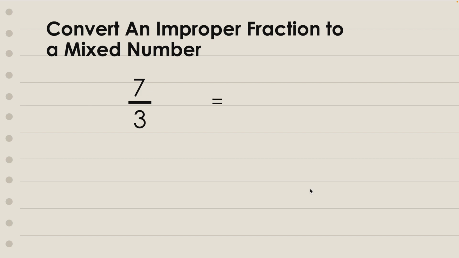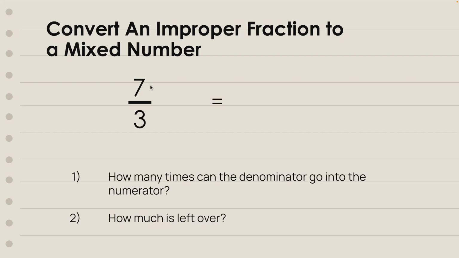Now, if we don't want to use an image, if we're not wanting to draw this out in order to do this conversion, what I'm thinking about is how many times does 3 go into 7? How many wholes fit into this, and how many pieces are left over? 3 can get to 6 by timesing by 2, right? 2 3s get us to 6, which leaves us 1 piece left over.